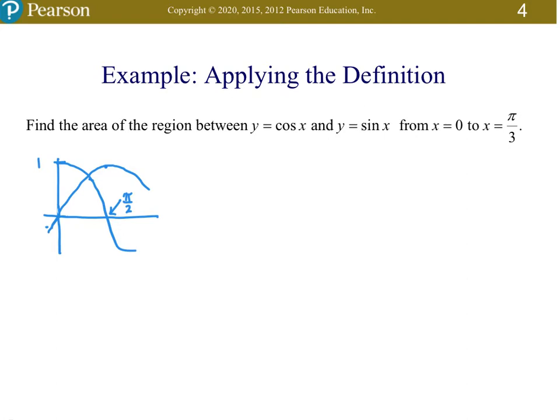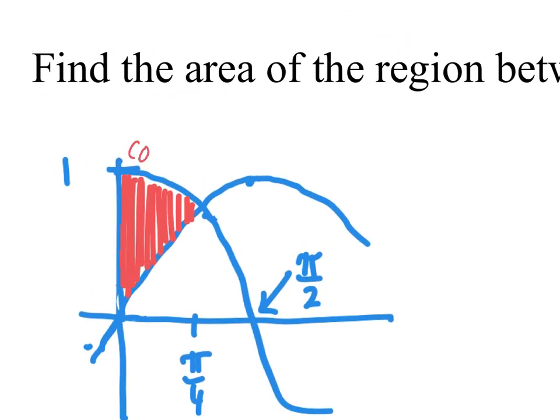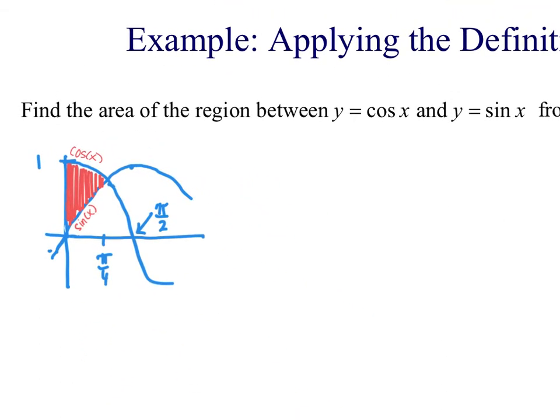We know that that is when sine and cosine are equal to each other. So in this section, we want to find the area between them. Remember that the upper is the cosine of x, and the lower right now is the sine of x. So how do we find the area of that red section?